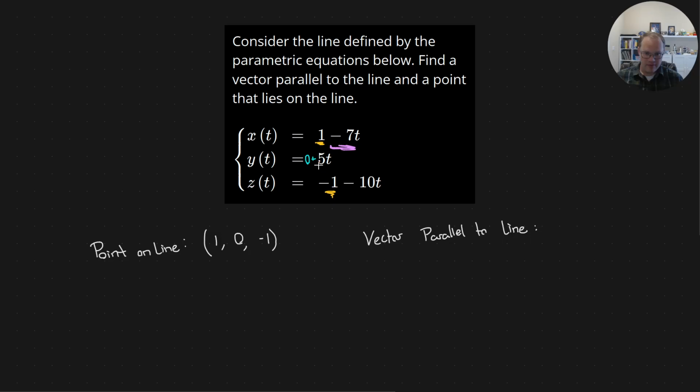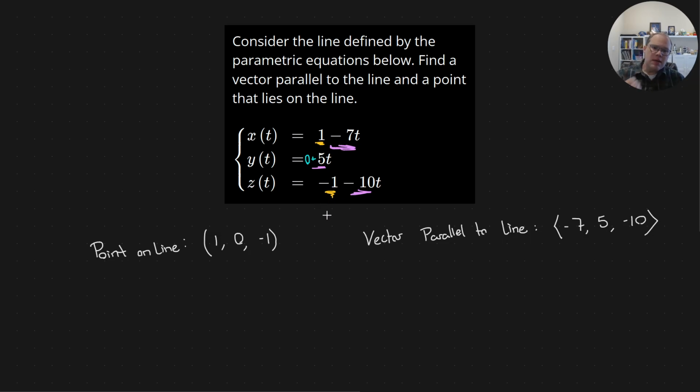So -7, 5, -10. And those are the two pieces of information that we need to be able to graph a line. We know the point on the line. We know which direction we're going once we get there.